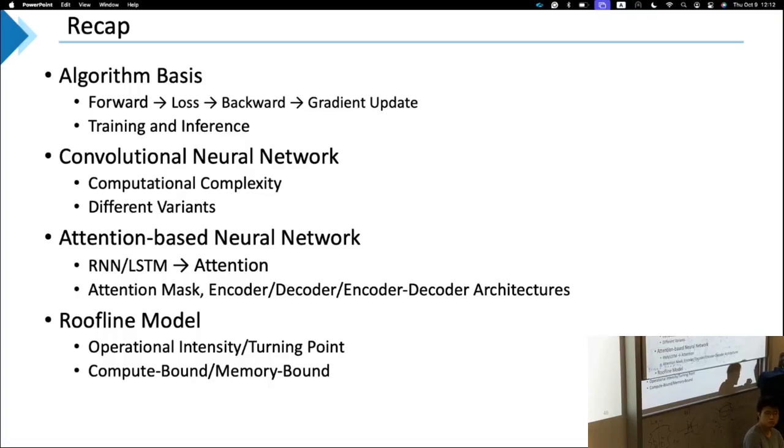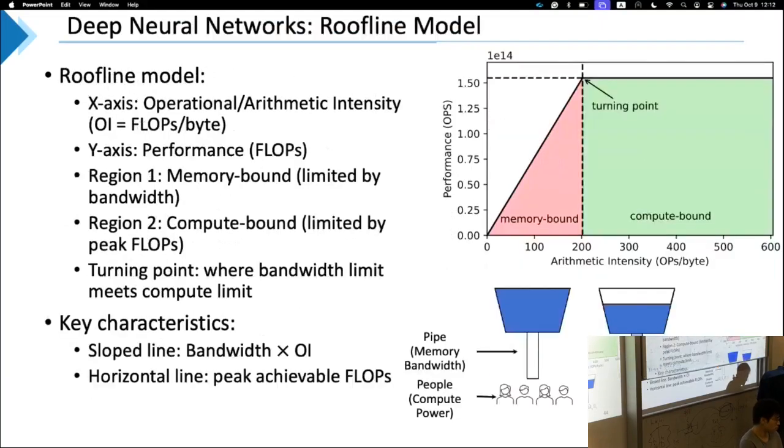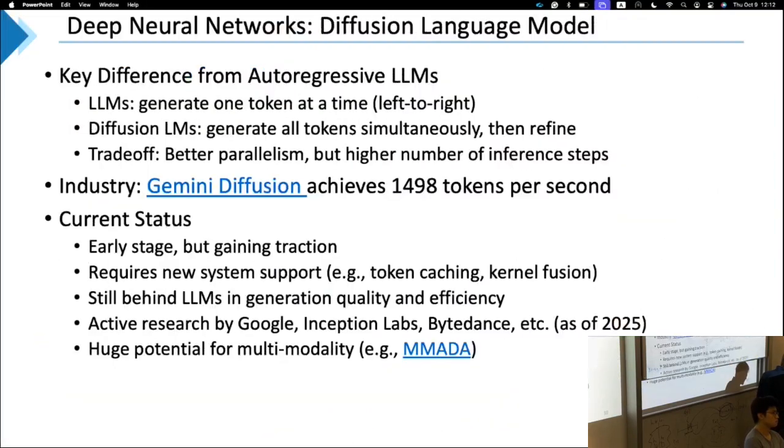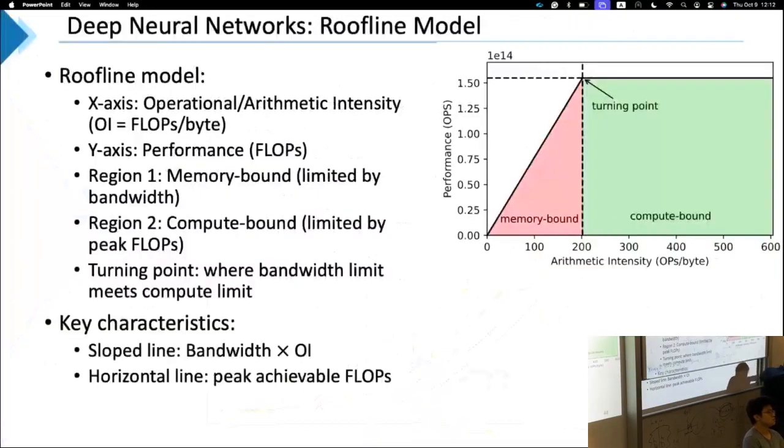So should we focus more on these sections, the question and answer session? Yeah. I'm a bit worried because there's so much content. Okay, I will explain later. Basically, I put a lot of other content here, like the diffusion language model, but this is just for more ambitious students who want to know more.